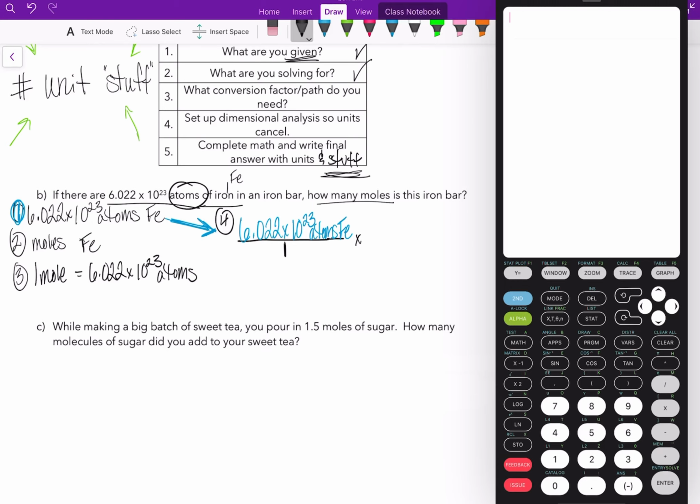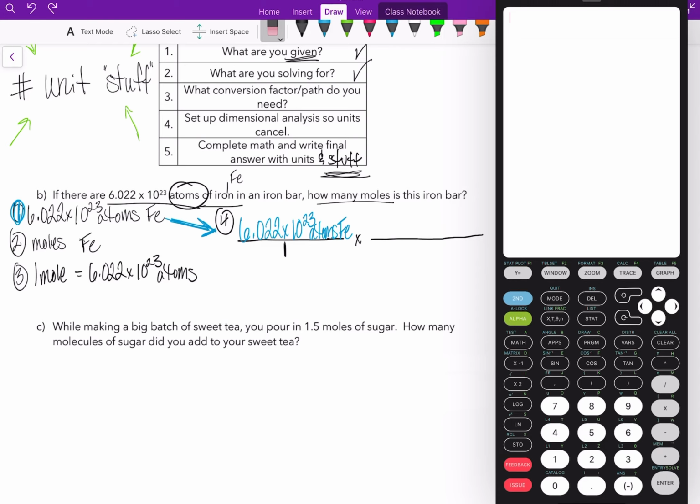And then you are going to multiply it by another fraction. And this is where things get a little complex, so watch carefully. Because we have atoms in the numerator right here, we have to put atoms down here. So up here and down here, your units are going to match.